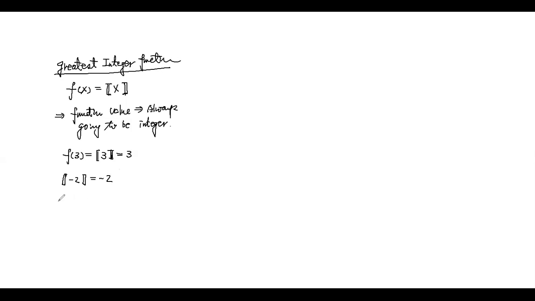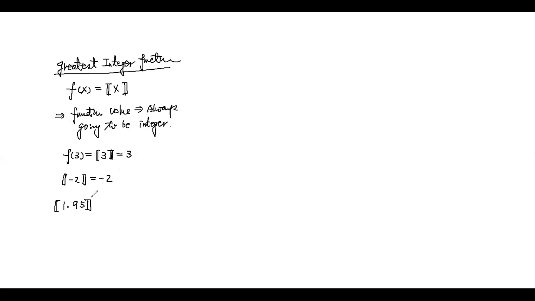Okay, now let's take a look at what greatest integer means here. How about if I have the number 1.95? Now I have a decimal. For this number, what does this function mean? Whatever comes out has to be an integer.